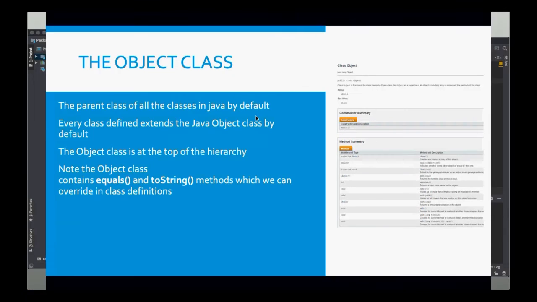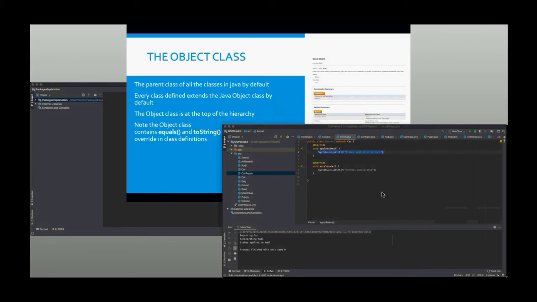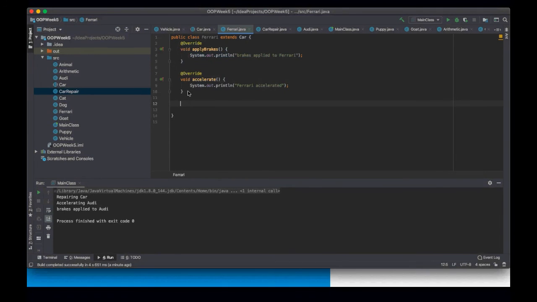So if I go to my Ferrari class here, and I just create a toString method, you can see that the toString method that is coming is from the object class. If I click on that, you can see that it overrides a method called toString.